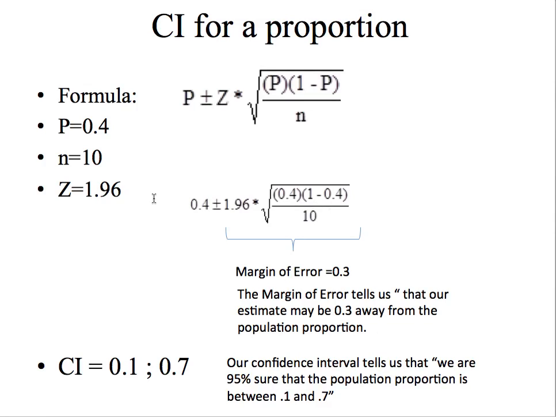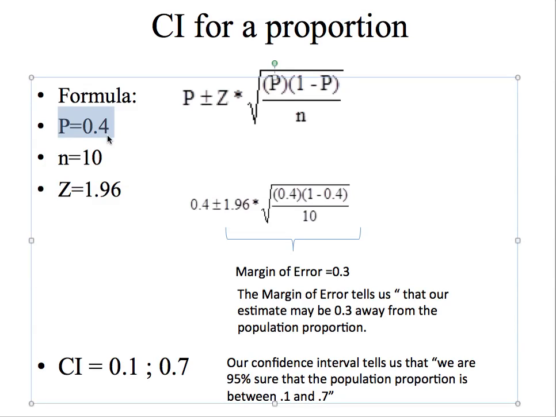Okay, so this is the formula. The sample proportion of orange students is 0.4. Sample size is 10. Now, z here is the critical value that we talked about.